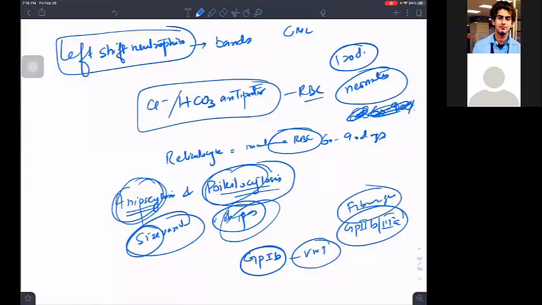It's fibrinogen. Can you tell me the name of the protein which is stimulating the proliferation of thrombocytes, or the megakaryocytes? Thrombopoietin. Okay, thrombopoietin.